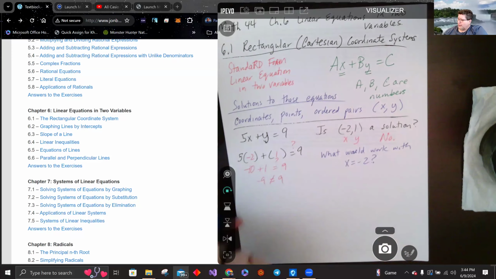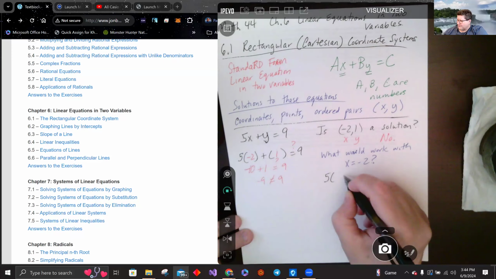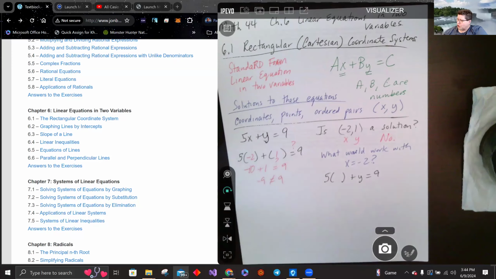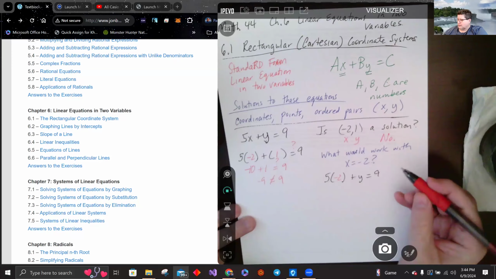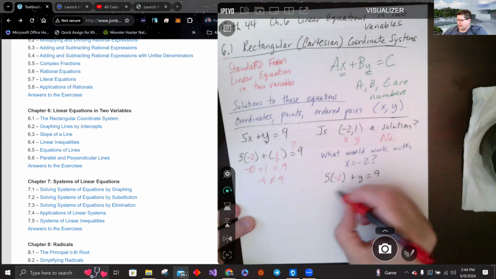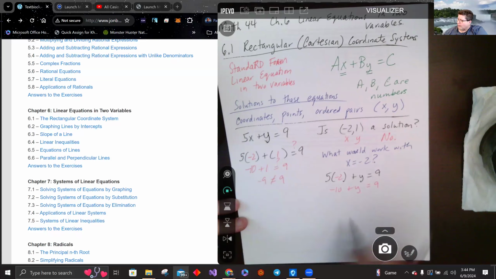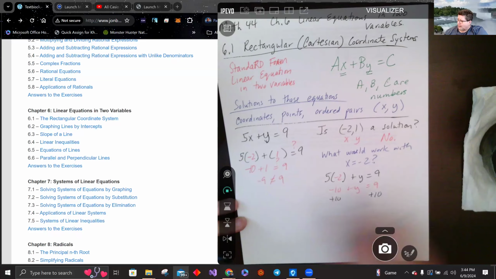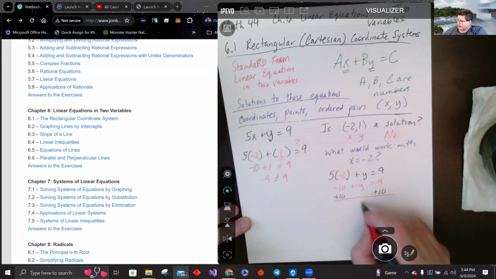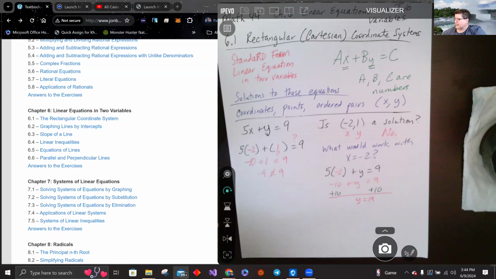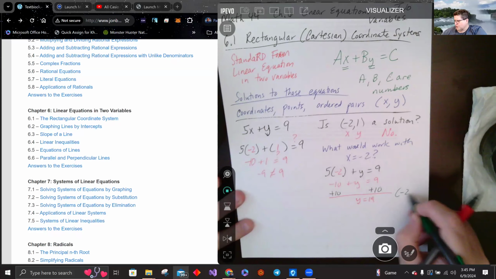What we're going to do is plug in the -2 and leave y by itself and solve for it. So this would be -10 plus y equals 9. And I add 10 to both sides, and I get y equals 19. So this means (-2, 19) is a solution.